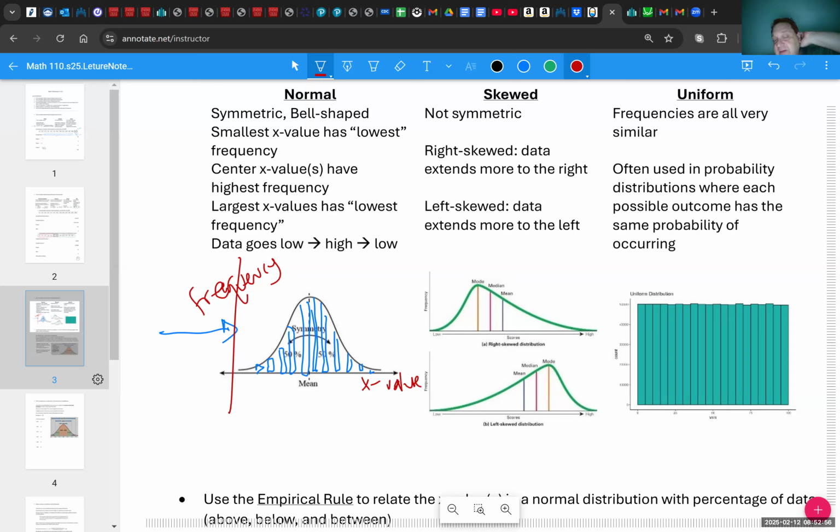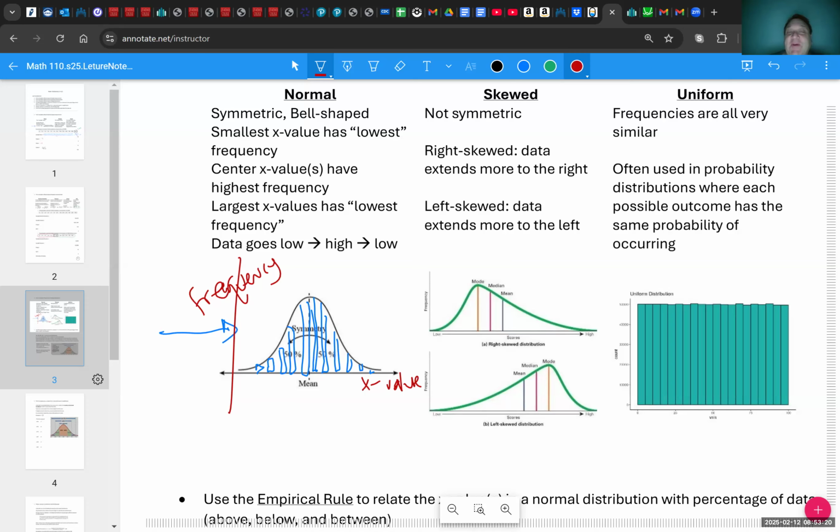So horizontal is the x values, the variable values, and the vertical axis is called frequency. You have a lot of frequency in the middle, so lots of stuff in the middle. And when x's are small or large, like the height example I gave before, a lot of people bunch towards the middle. As you go to more extremes, taller and shorter, you get fewer people.